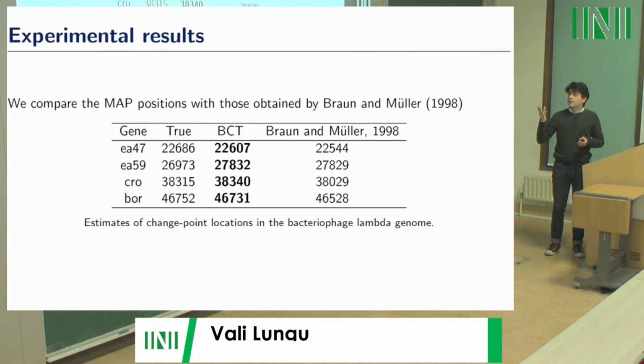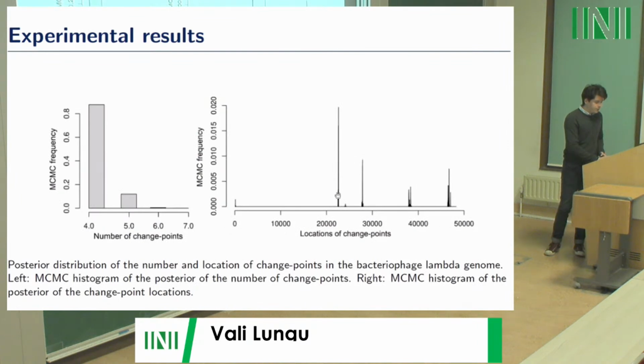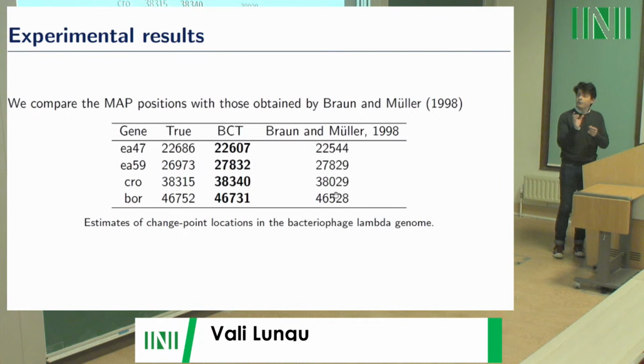And what you can see is that our estimates are in fact closer to the true value. And what's really nice is that if you zoom in around those points, you're going to see that the posterior ranges actually include both the true locations and the locations obtained by Braun and Muller.